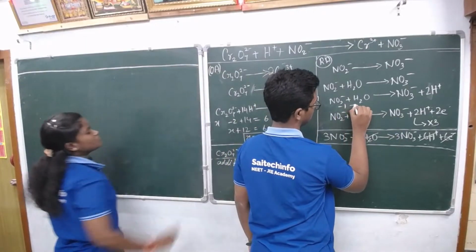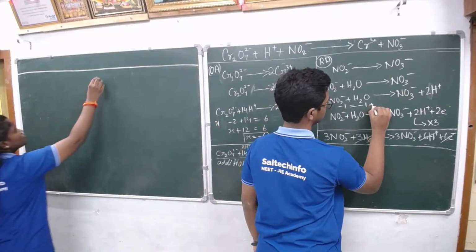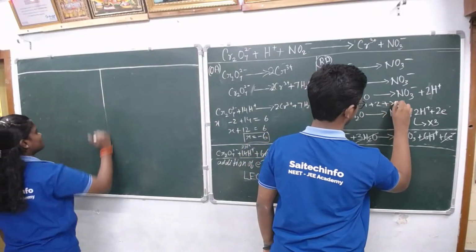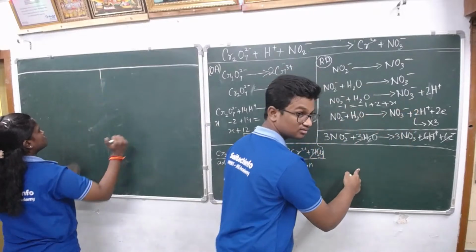Minus 1 equal to minus 1 plus 2 plus X. I will do it here, sir.